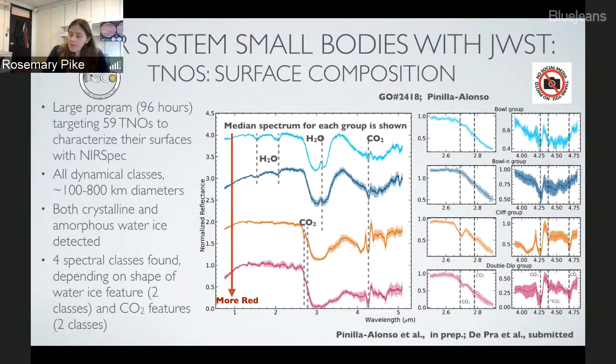So as analysis moves forward with this, I'm really hopeful that we'll be able to tie the optical colors to the volatile populations in the objects. So that's really interesting to see. People have been classifying TNOs based on their optical colors for a long time because that's what's available. But to see these really clear classifications based on volatile ices has been really exciting.